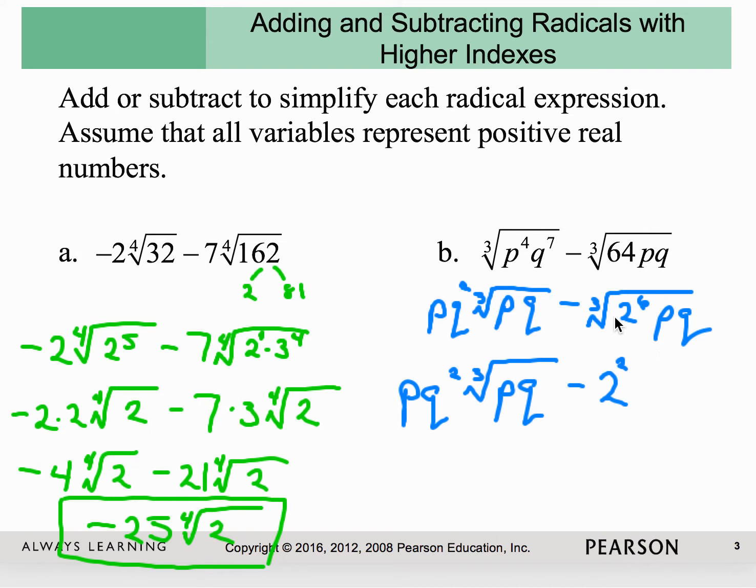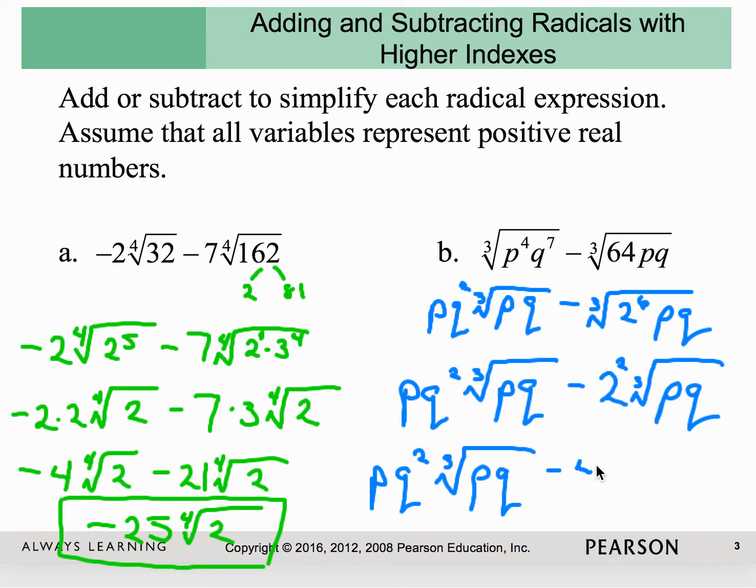And it goes evenly, so there's no 2's left over. All right, so I've got PQ squared times the cube root of PQ minus 4 times the cube root of PQ.